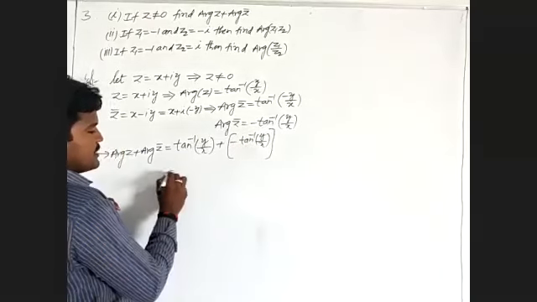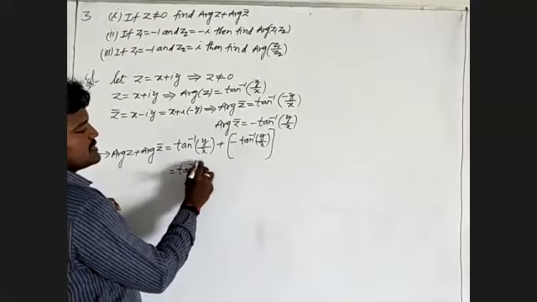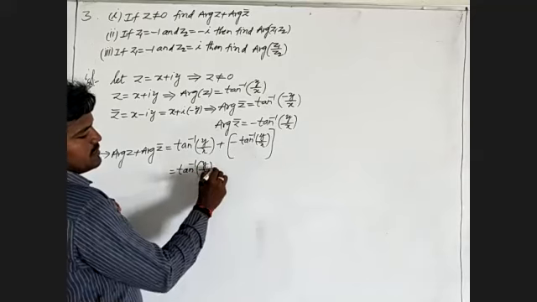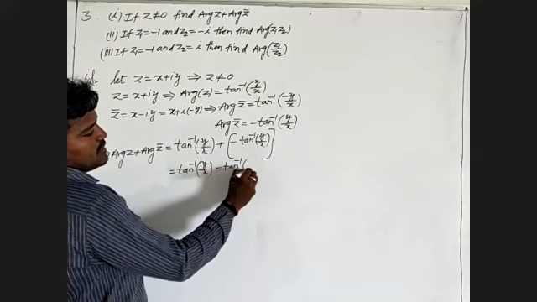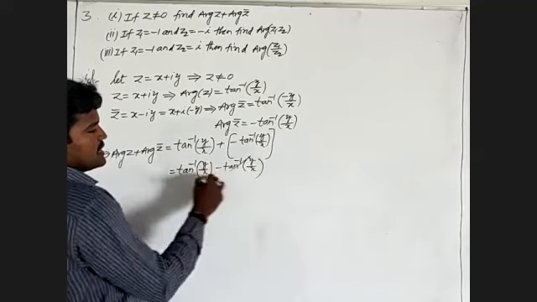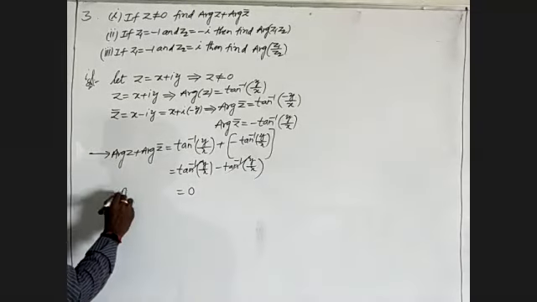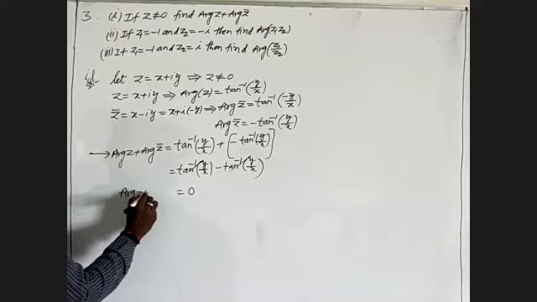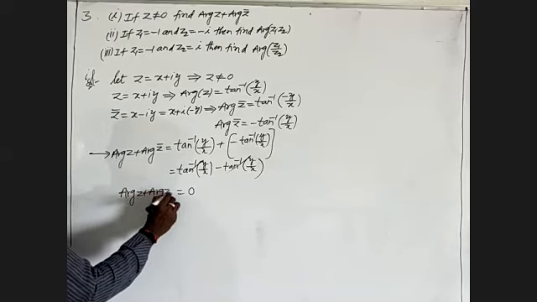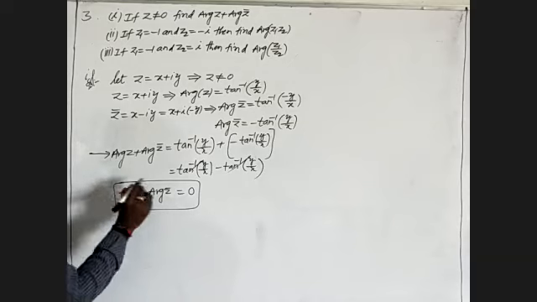Plus into minus will become minus, so tan inverse y by x minus tan inverse y by x. Here minus and plus will cancel. The RHS will be 0. Given: argument of z plus argument of z bar is nothing but 0.